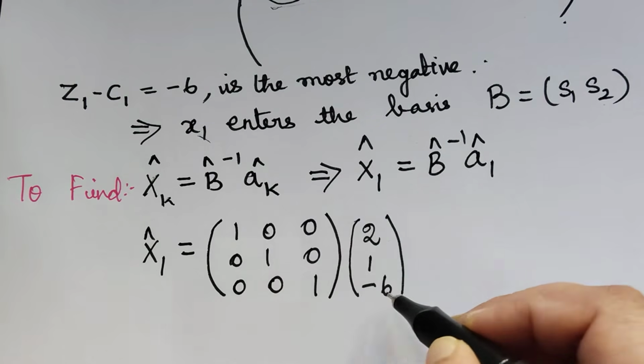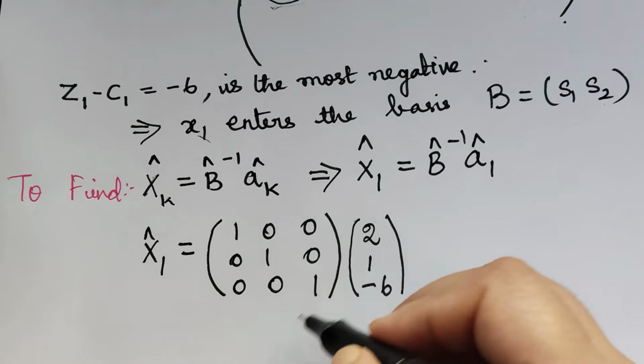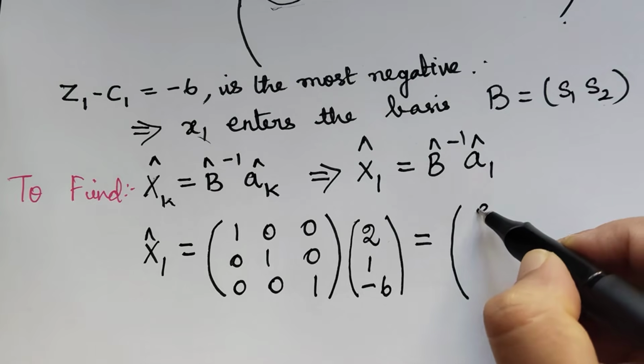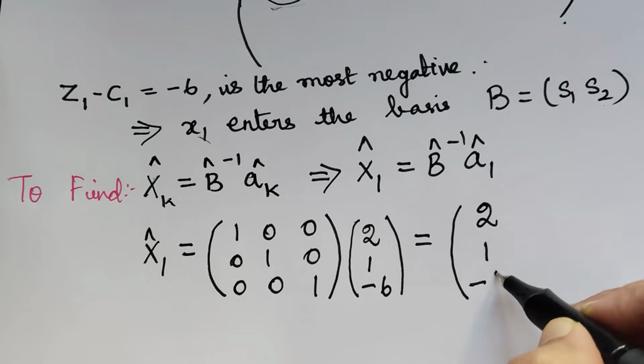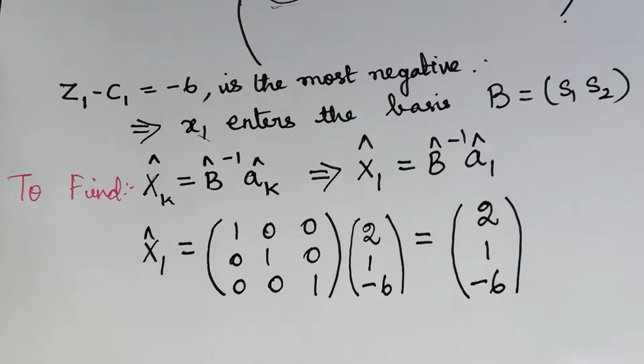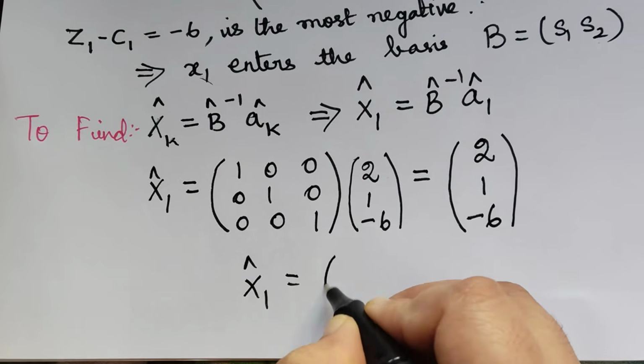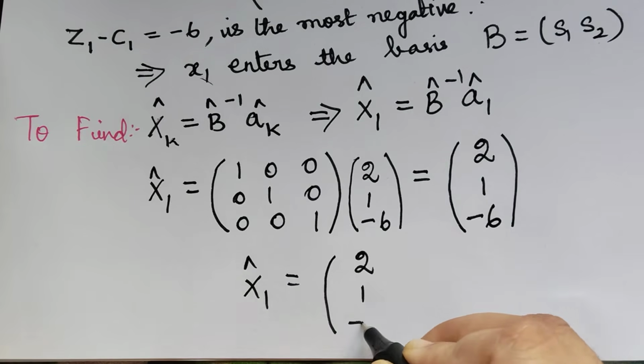Whenever we multiply two matrices, and if one of the matrices is an identity matrix, we get the other matrix as it is. So we get 2, 1, minus 6 as it is. So x1 cap is equal to 2, 1, minus 6.